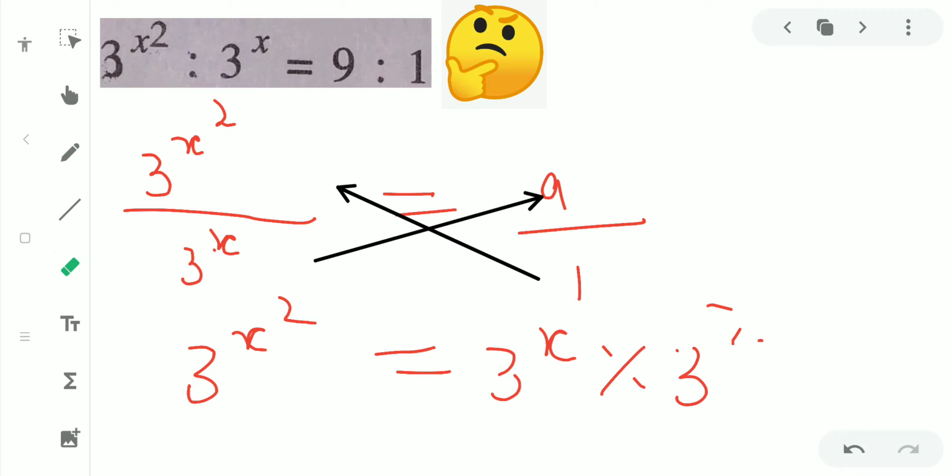I am writing 9 as 3 square because 9 is nothing but 3 square.